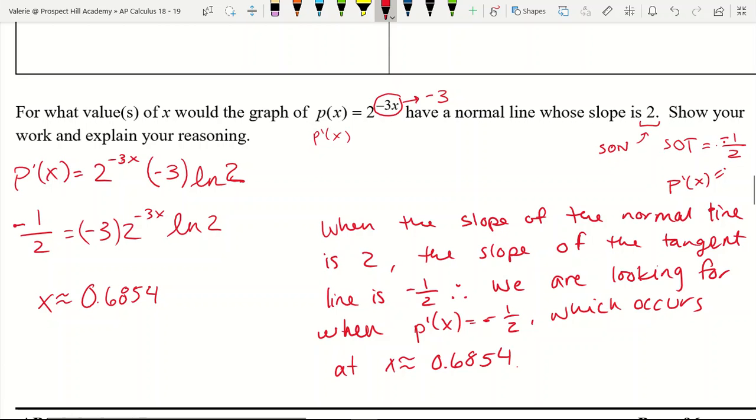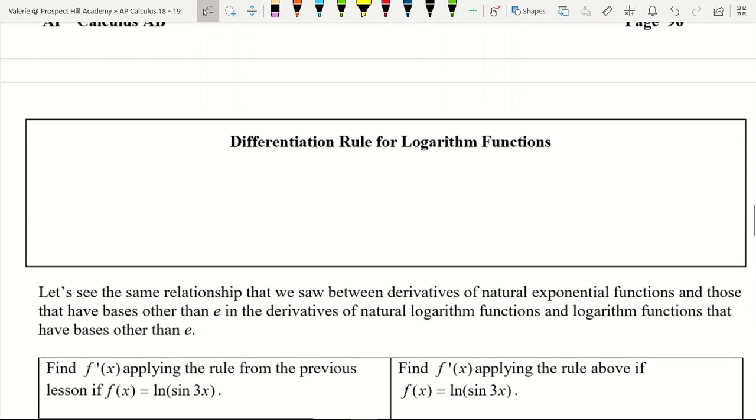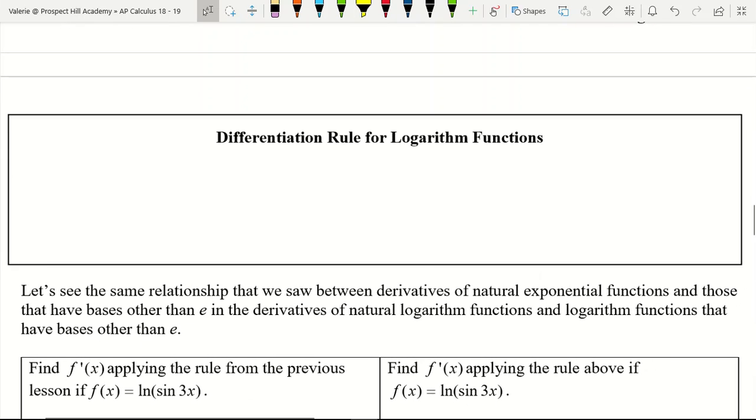All right, moving on to page 97. Now we're looking at the differentiation rule for logarithmic functions.